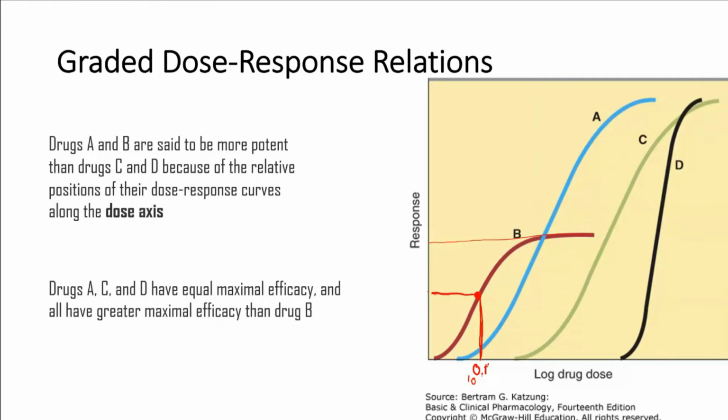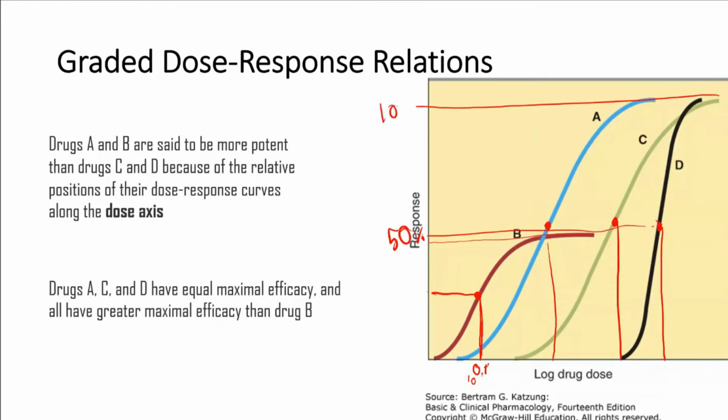And let's say for curve A, it's probably around here, and it's around here. For curve C, it's around here, like that. Curve D, it's probably around here. And this is all 50% response. Let's say this is 50%. And then up here is our Emax, or 100% of response.